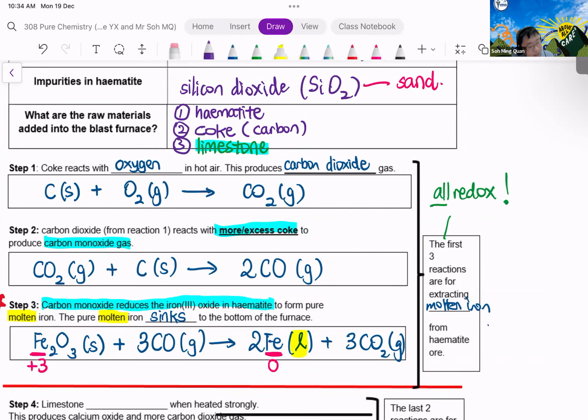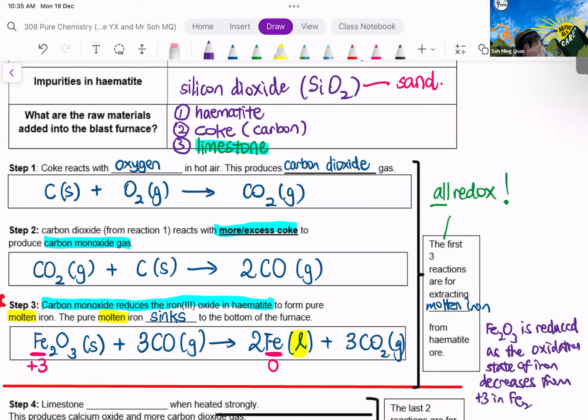So let's take it down quickly. Fe2O3, let me write nicely. Fe2O3 is reduced as the oxidation state of iron decreases from +3 in Fe2O3 to 0 in Fe.